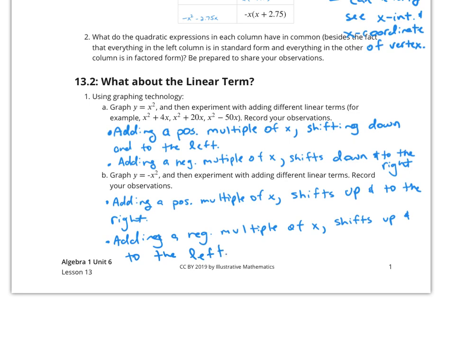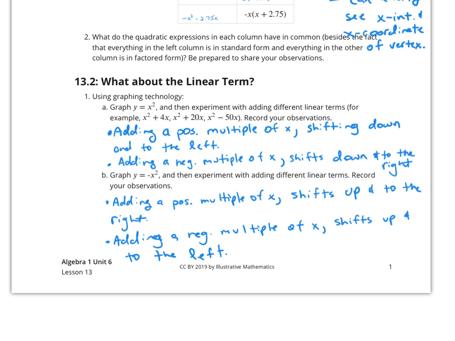So when I start with a positive x squared, meaning it's more U-shaped, when I add a positive multiple of x, so I'm adding a positive linear term, my graph is going to shift down and then also to the left. When I add a negative multiple of x, so a negative linear term, it's going to shift down and to the right.